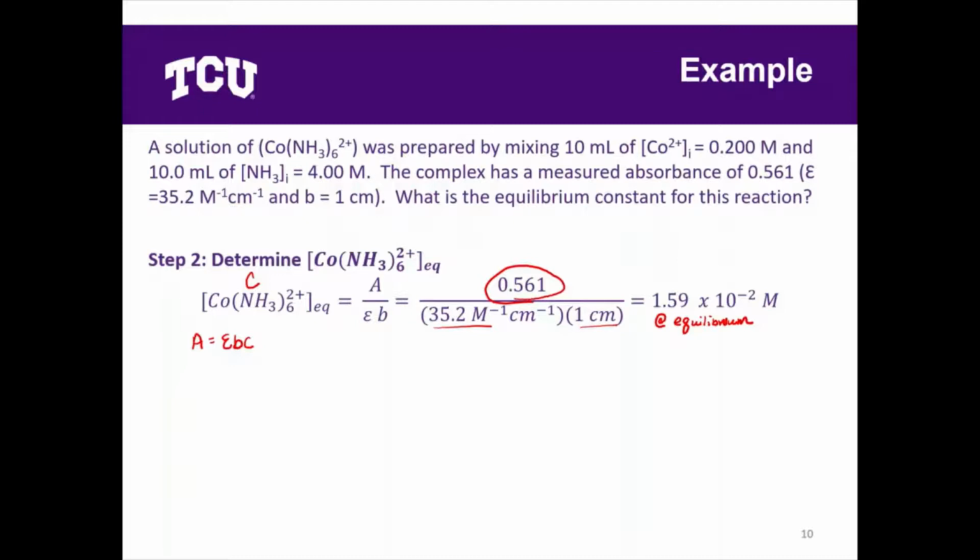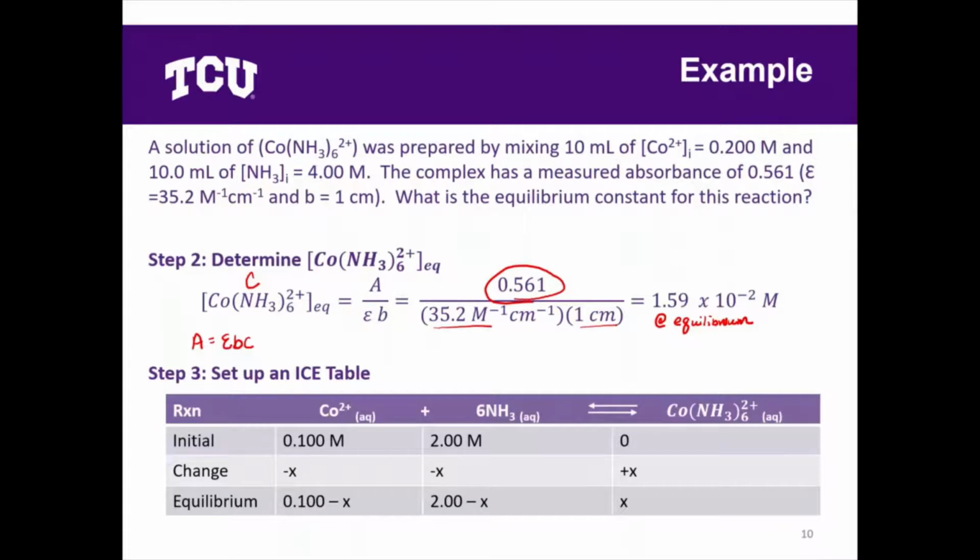Now that we have our concentration at equilibrium, we can back calculate to figure out the concentrations of our other species. You do need to set up an ICE table to do so. So your ICE table has initial, change, and equilibrium, with your cobalt 2+, your ammonia, and your complex. We originally started with 10 mL of cobalt 2+ at a 0.2 molar concentration and mixed this with 10 mL of ammonia at a 4 molar concentration.